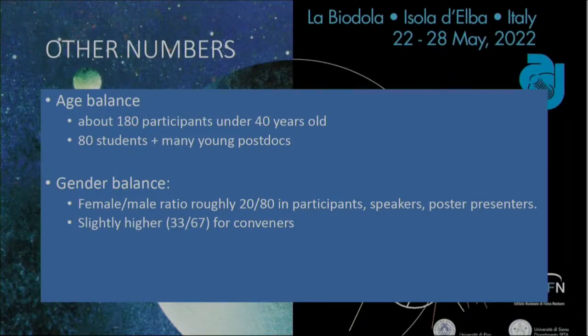Other numbers, age and gender balance: we had about 180 participants under 40 years old, which was a very refreshing view. There were a lot of young people, 80 students and many young postdocs, and we've seen many in the poster session, in the oral session. It was quite a pleasure.